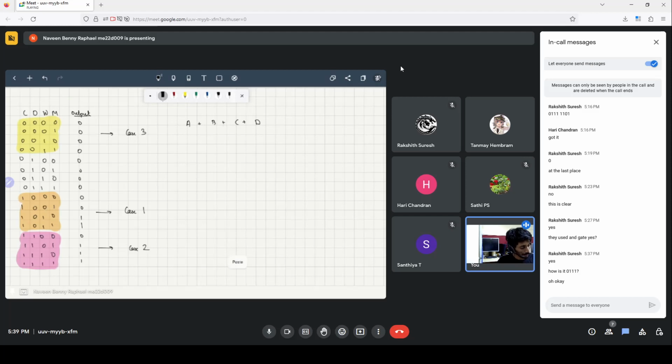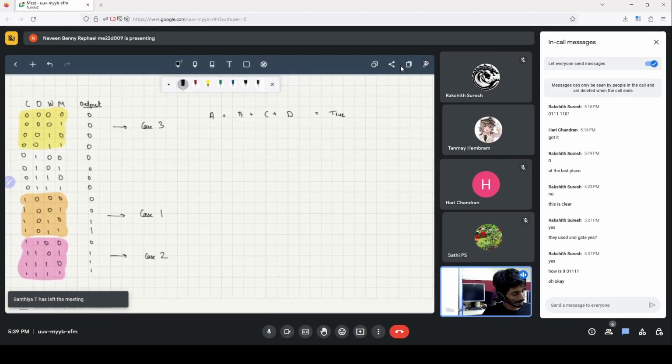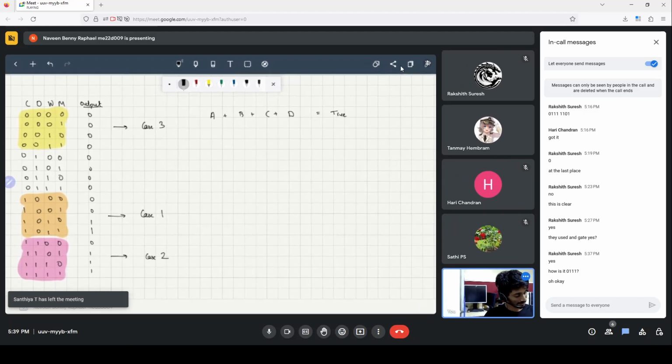If any of them are true, this evaluates to true. So we just have to see where these things are true. Here we have a true, a true, a true, a true, a true, and therefore we just have to add these 5 terms.